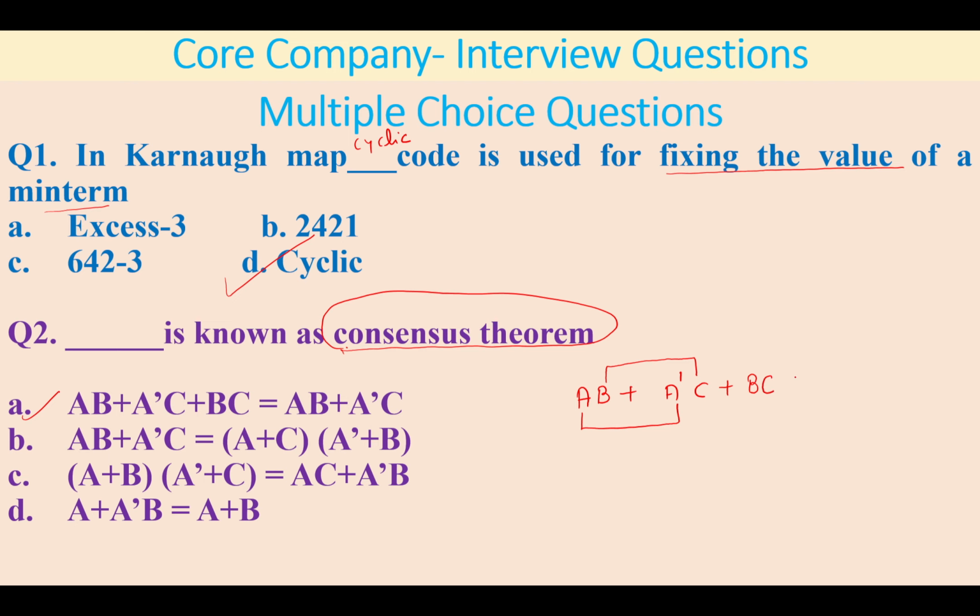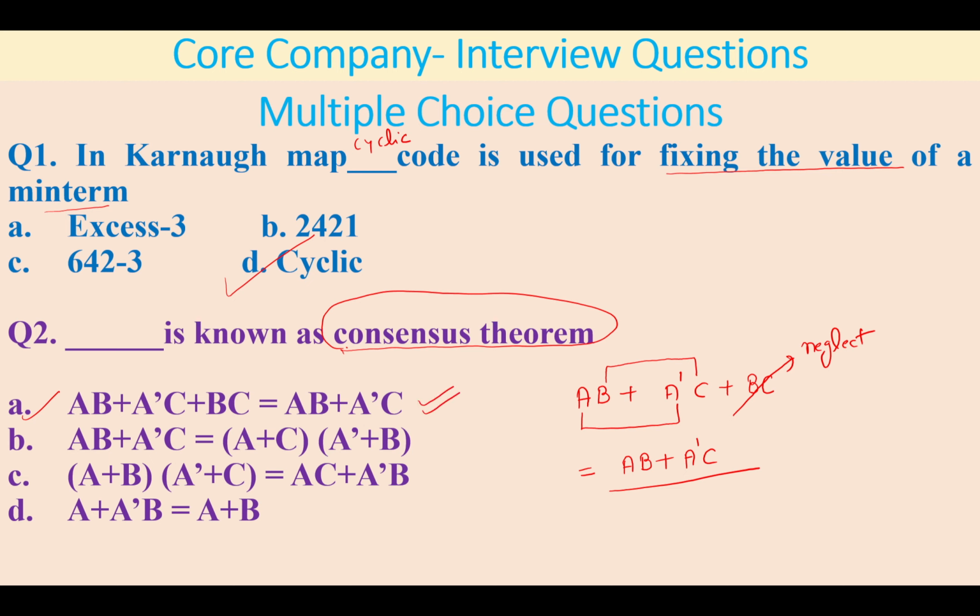That means in the consequence theorem, this product term is to be neglected. If this condition is satisfied, the last term is neglected. So ultimately the final optimized Boolean expression is AB plus A bar C. The LHS and RHS values are equal, which means both are correct.